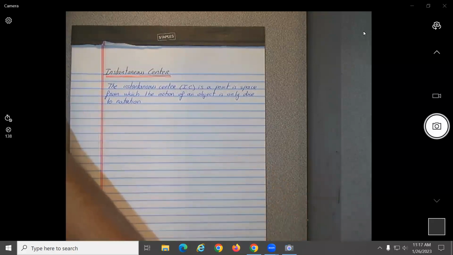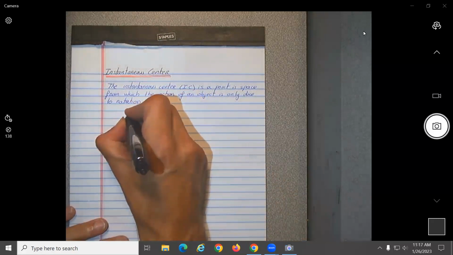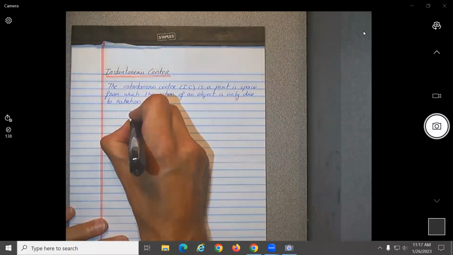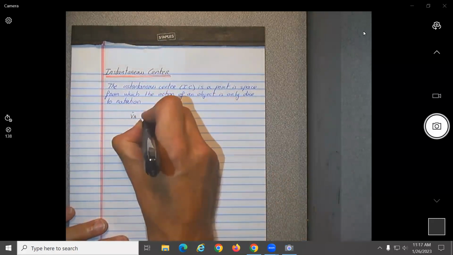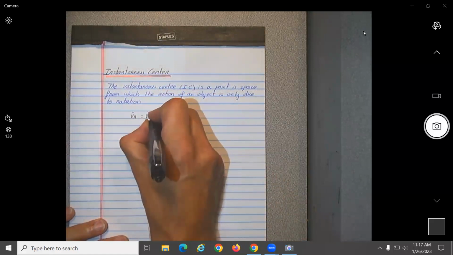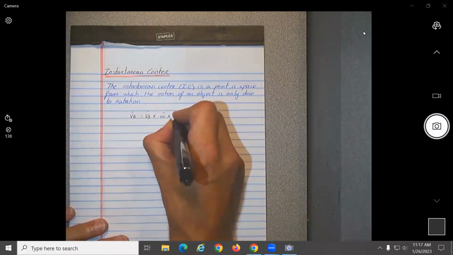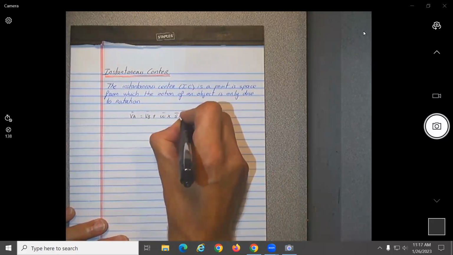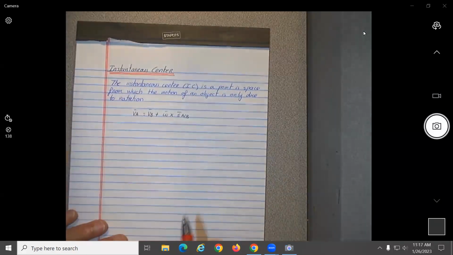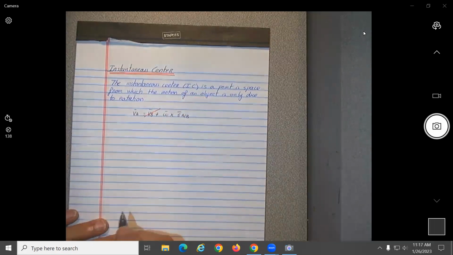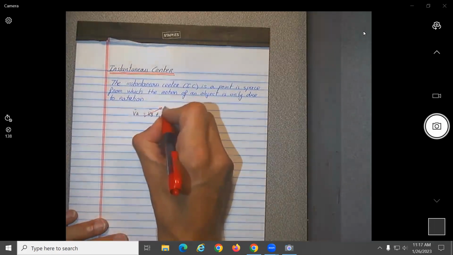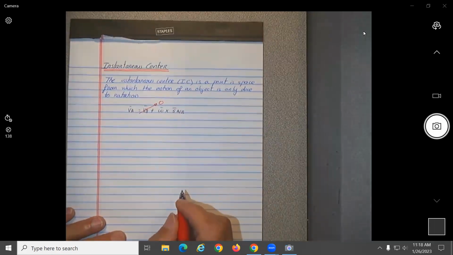Okay, so for instance, what does that mean for the equation we have derived so far? For example, if we have VA equals VB plus omega cross S of A with respect to B. If it's only due to rotation, what does that mean? This term is zero, no?